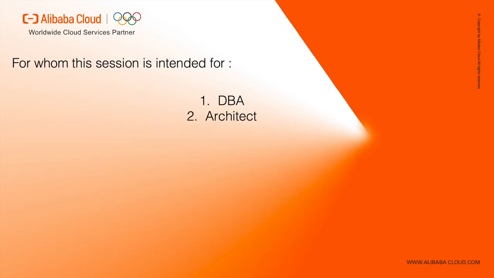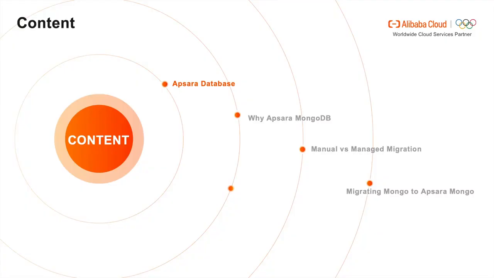So let's see what the agenda is for today's session. I will be showing you all the products which we have in Alibaba. I will not be going into the details of every one because this is mainly focusing on the migration part. Then it comes to why you should choose Apsara MongoDB and what the different practices are.